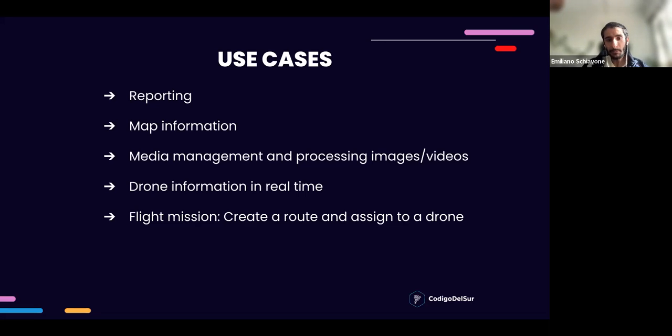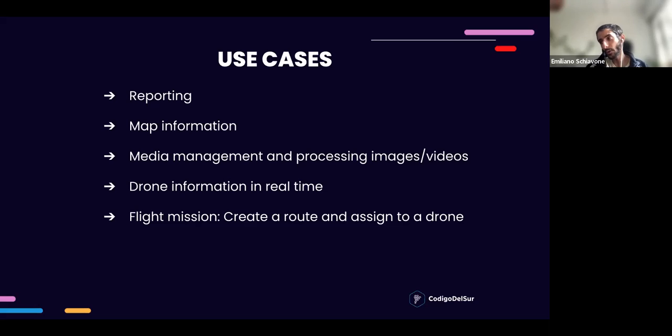Then, related to the map, there is media management and processing of images and videos. You can take photos from specific places, then upload those images to a web backend, and process that data to know what happened in that place. In cases of agriculture, we can get how the seed is there, how the plants are, and that stuff.